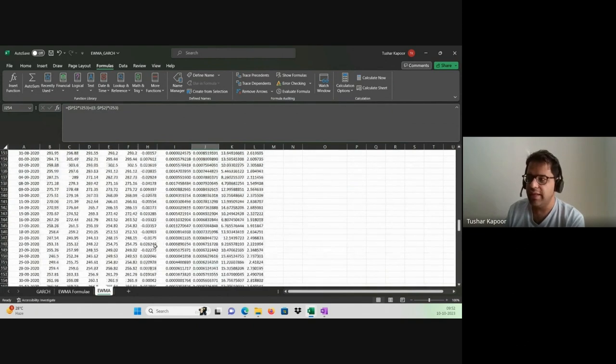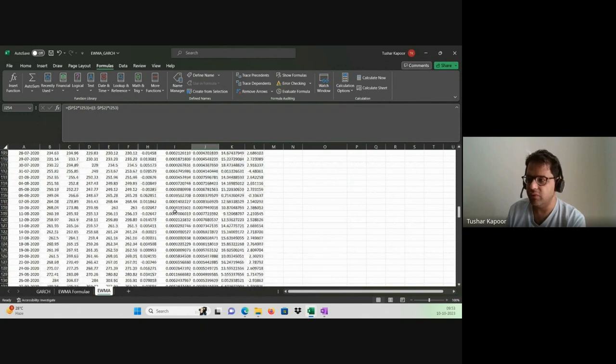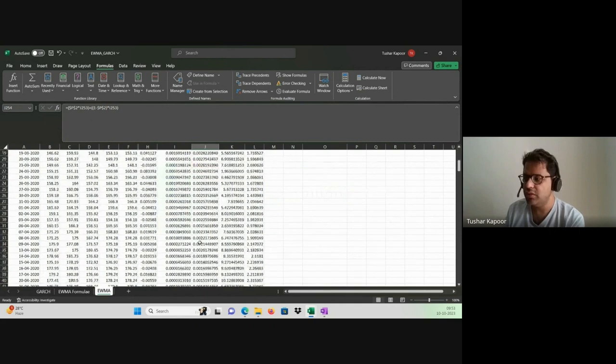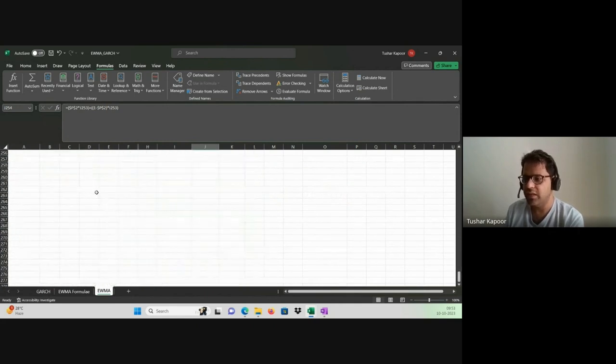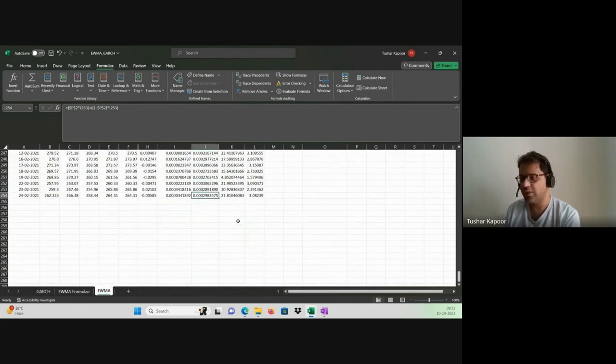Ultimately, these are all happening through a declining weight. So the highest weight for any volatility that you will see is going to come here. It's not going to be the last value, because it's all declining in nature. Lambdas are all declining in nature. So the highest weight essentially goes to the latest item, which in my model is 24th February 2021, the latest date.